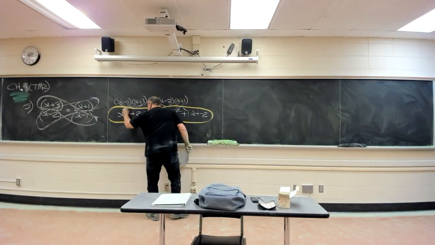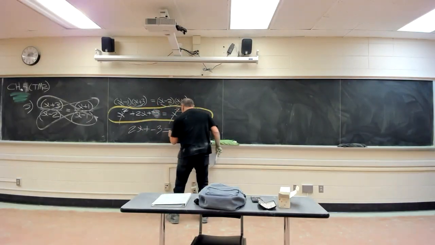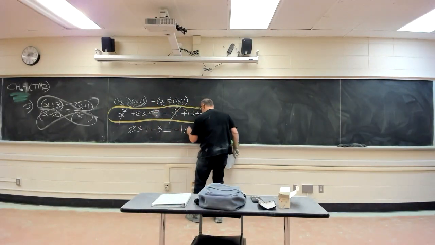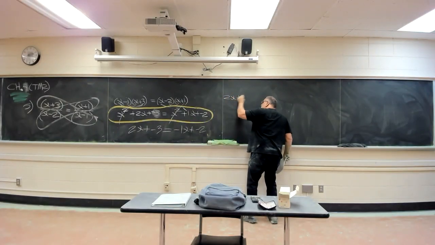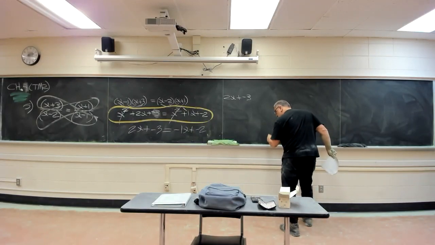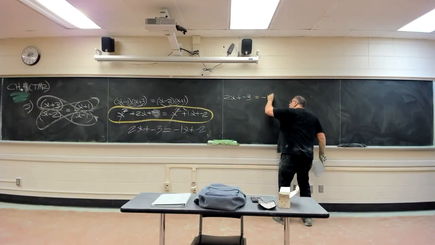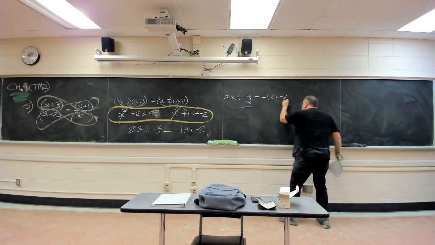Subtract x squared on each side. 2x plus negative 3 equals negative 1x plus negative 2. Add a positive 3 on each side.